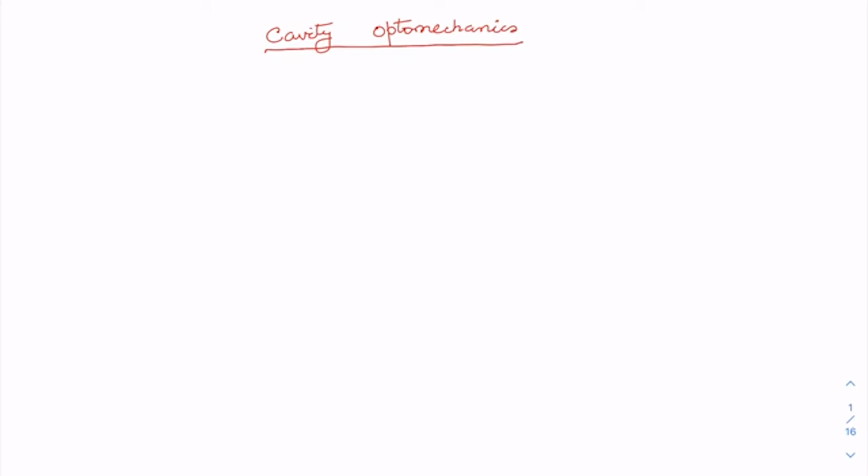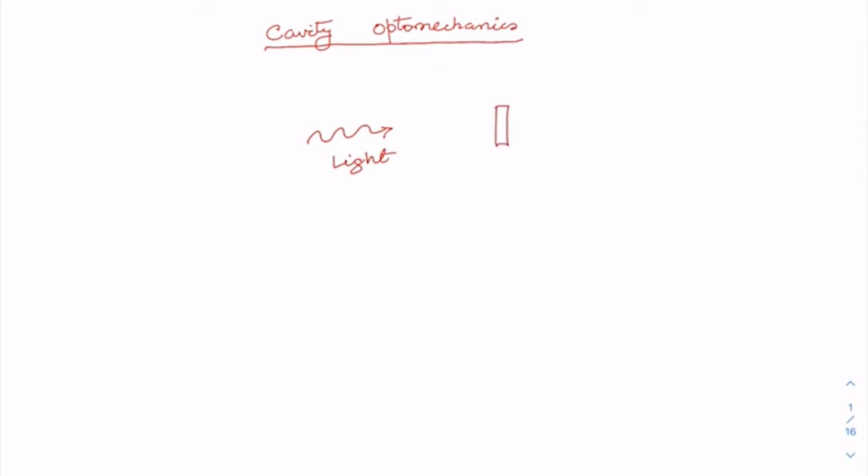So the question is, what is cavity optomechanics? As the name itself suggests, it is a topic relating to the interaction between light and mechanics. Suppose this is a mechanical oscillator and they are interacting with each other, and this is mediated by a cavity.